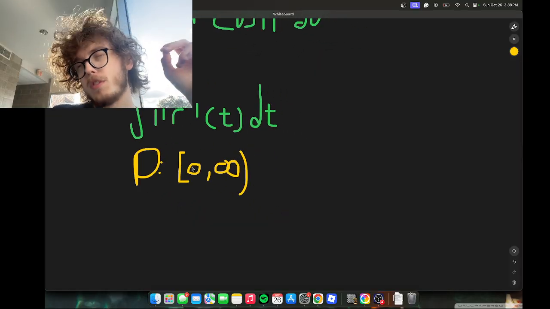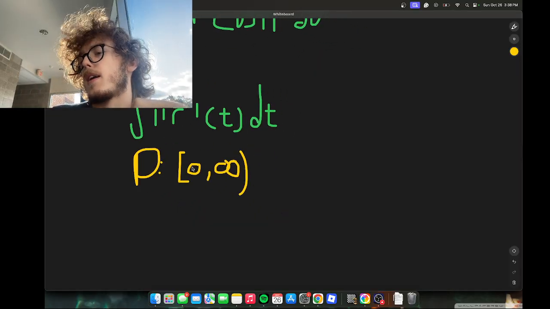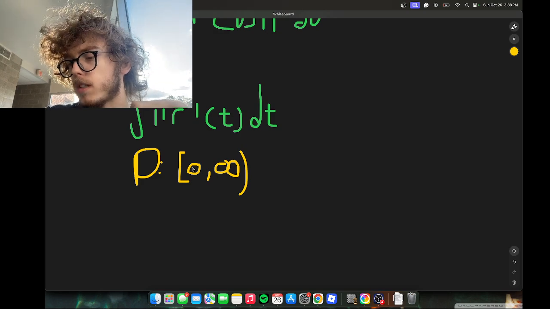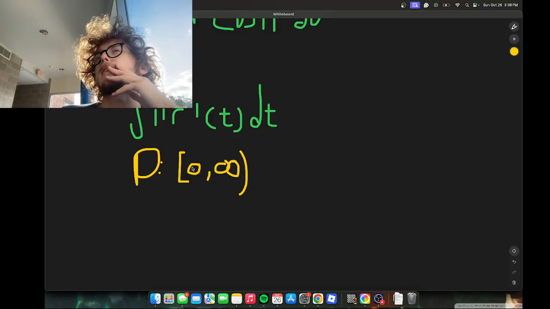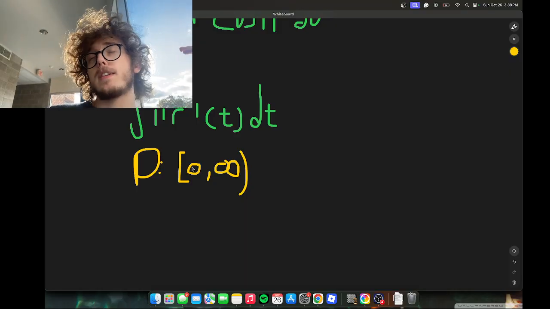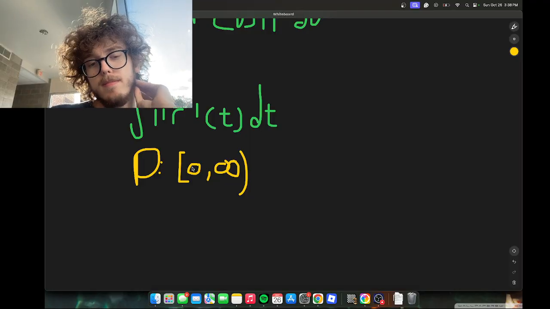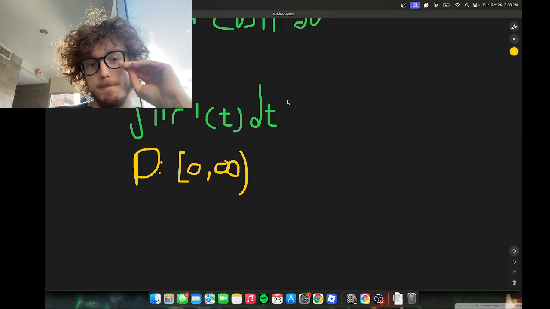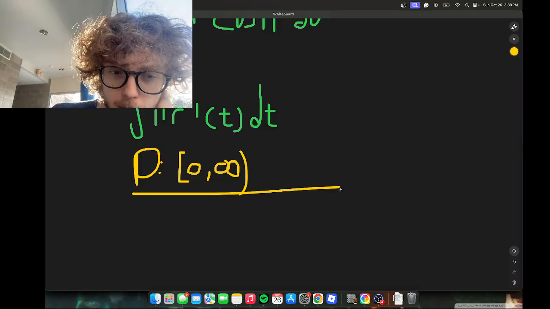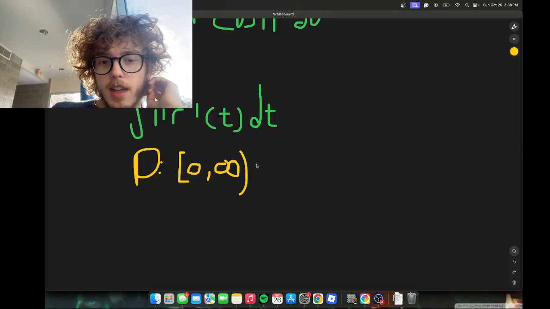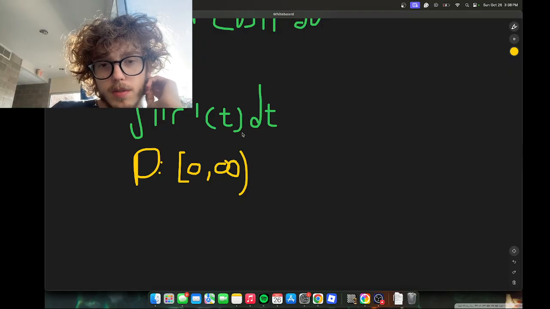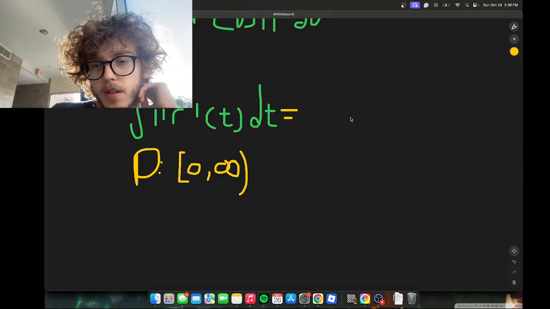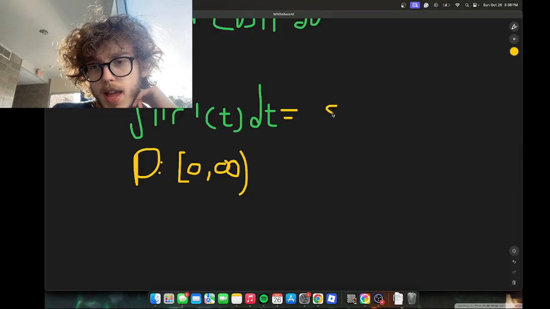Not negative numbers. That might arise at like, let me just see here, maybe like ln of a negative number. I can't really think of anything else off the top of my head, but let's say you have that domain restriction. Well, if the domain is restricted in your arc length, if you were to take the integral of this, right, we would say, okay, let's call this s of t, right?